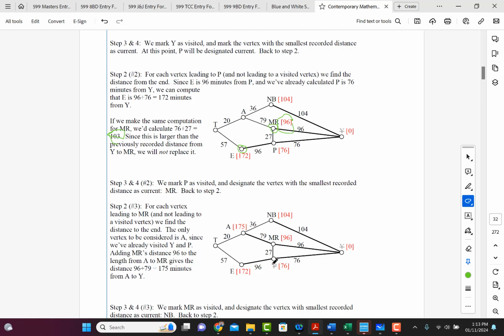So you notice how down here P and Y are now canceled, grayed out, marked. Notice how MR is not replaced. So we got 172.